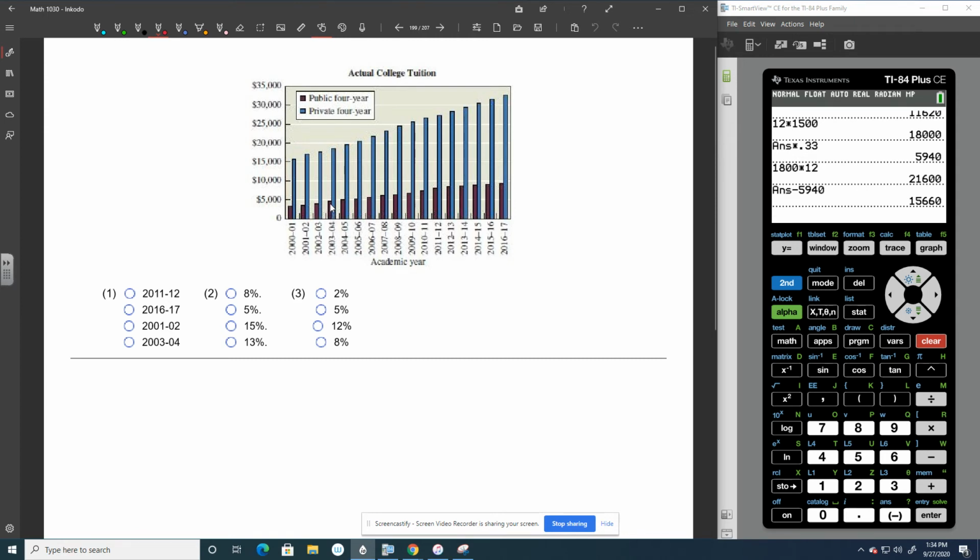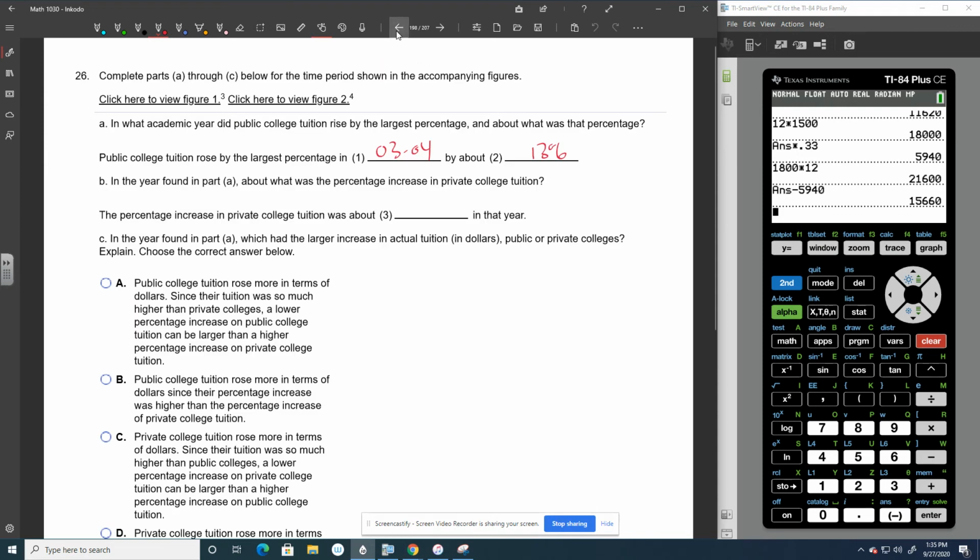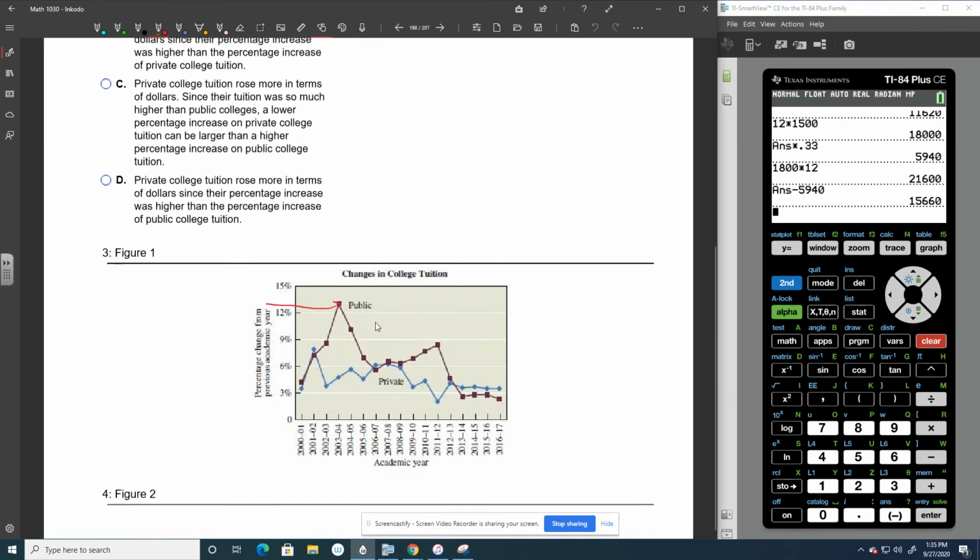So in that year, purple went up almost $5,000, just a little bit below 5,000. Oh, but it wants the percent increase. Sorry. 2003, 2004, private went up. Here's our private right here. So that gives us our 5%. It didn't want the actual amount right there.